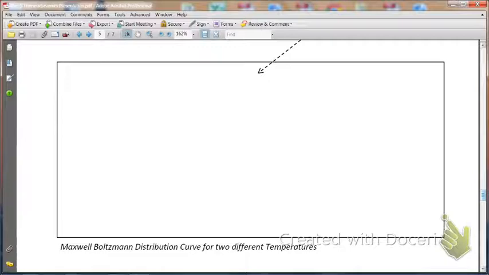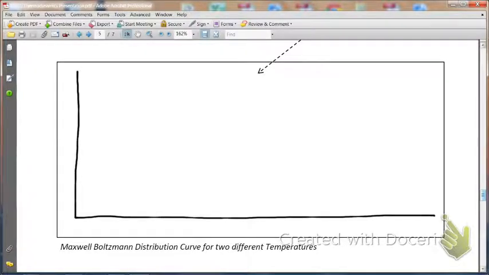All right. So what we're going to do to start off, we need to essentially draw in our axes here, and I'm going to try to do this with a straight line as possible. All right, and then we've got to label our axes, and so on the x-axis we're going to label kinetic energy.